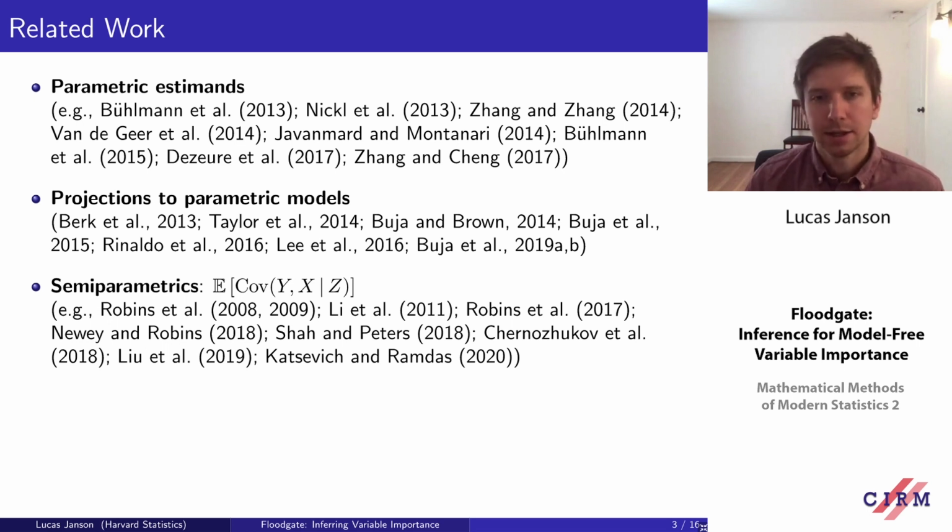I think the next step after that is to consider semi-parametric models. So here we think of our measure of variable importance as being the expected conditional covariance between y and x given z. Now this is a much more flexible measure of variable importance, and it allows for an arbitrary relationship between z and y and z and x. However, it's still only going to capture a fairly simple relationship between y and x.